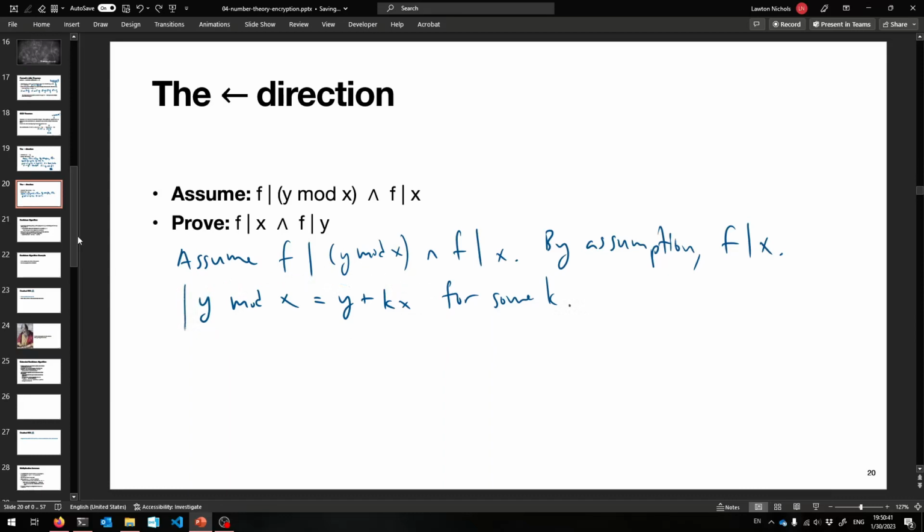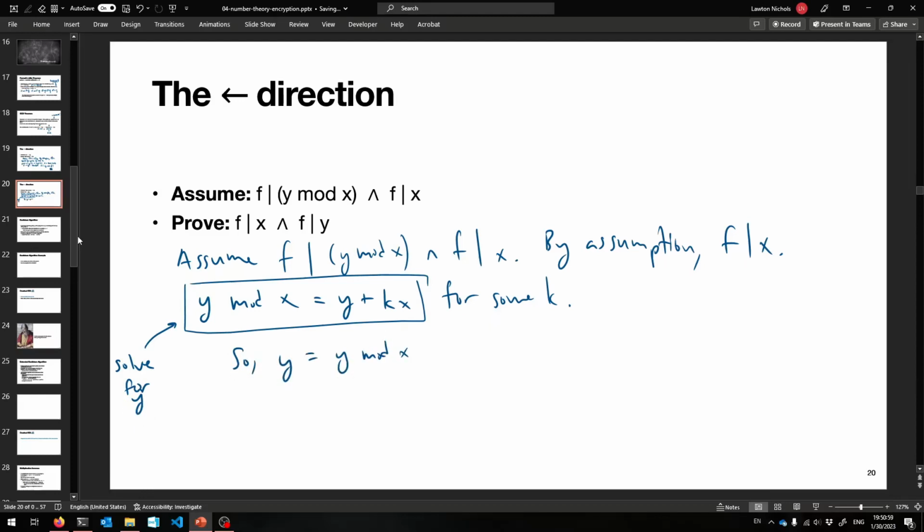So here's my little equation. I'm going to solve it for y. And that will lead to another linear combination involving the things I know. Solve for y. And that gives me, so y is equal to y mod x minus kx. This is just beautiful.